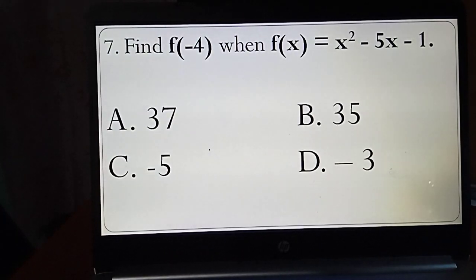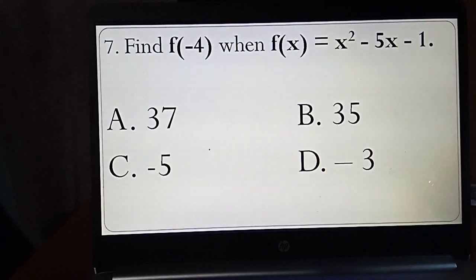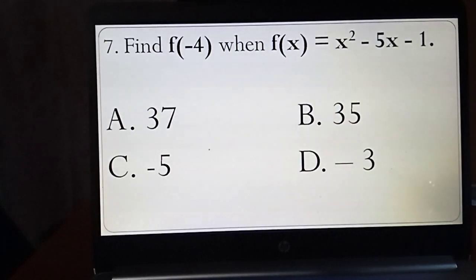Find f of -4 when f of x equals x squared minus 5x minus 1. That means that we are going to substitute -4 for x in the expression.